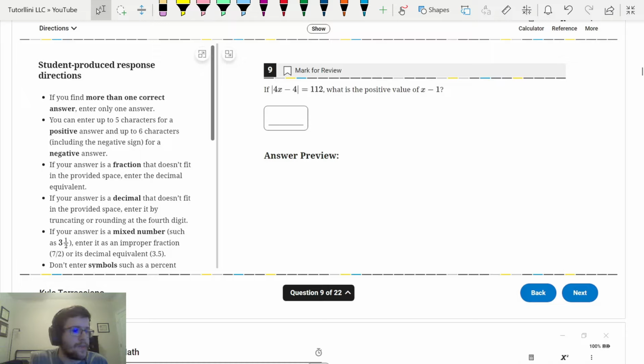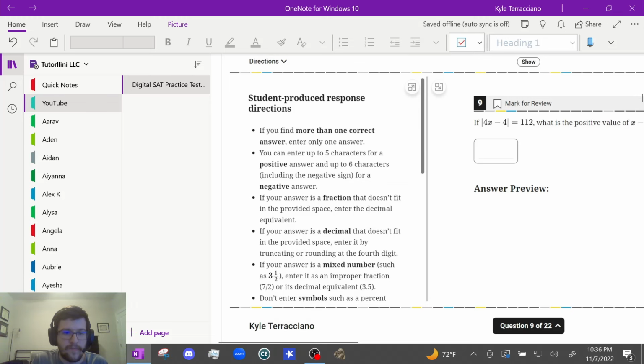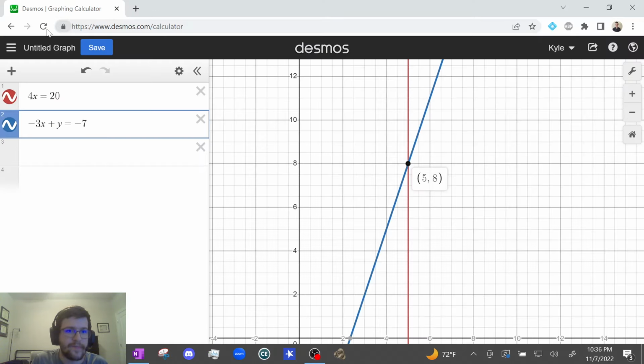All right, absolute value equation. Okay, guess what? If you forget how to solve absolute value equations, you can solve it right away. You can solve any equation on the entire test on Desmos. So I'm going to demonstrate that now.